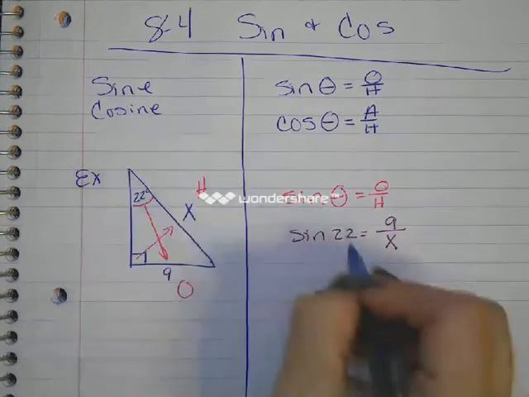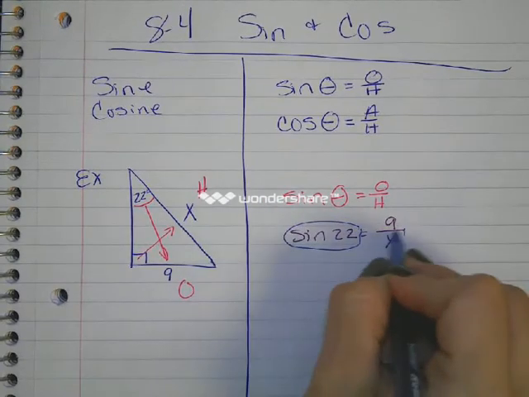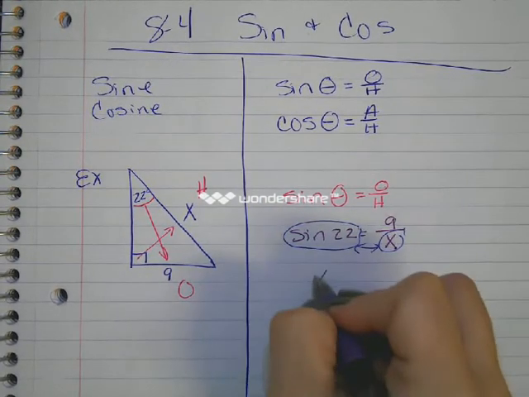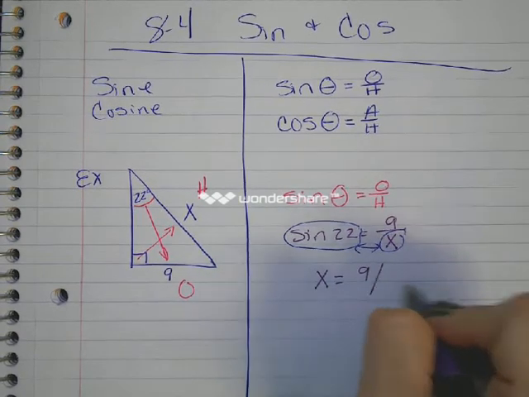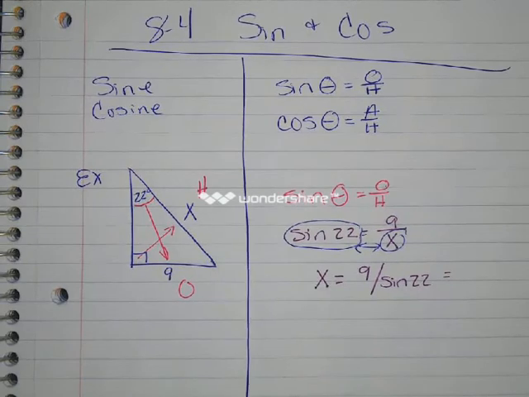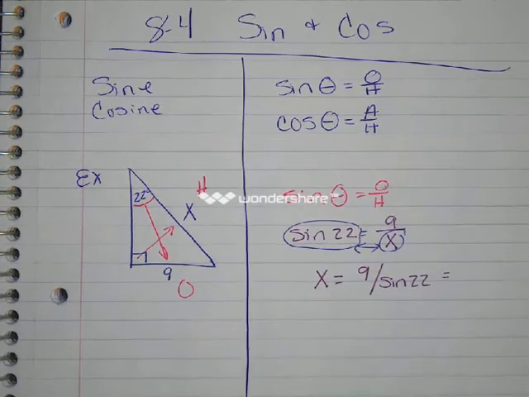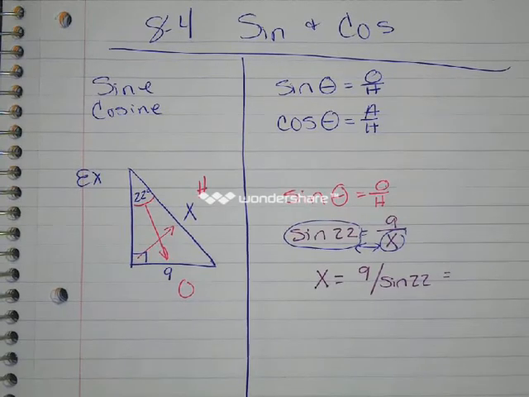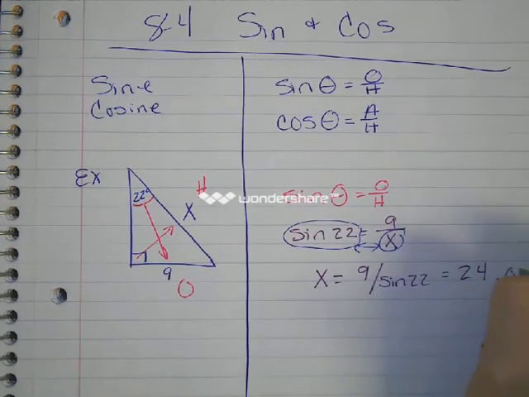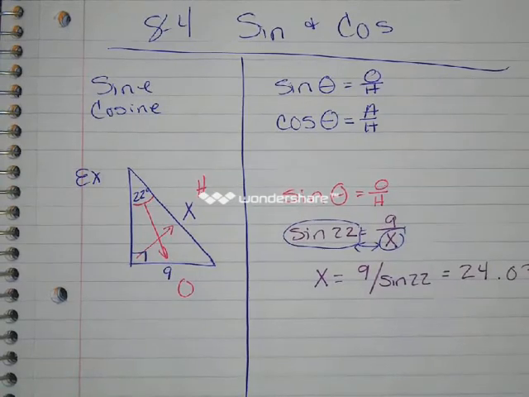All you have to do is switch these two things. So x equals 9 divided by sine of 22, which equals... So 9 divided by sine of 22, 24.03.